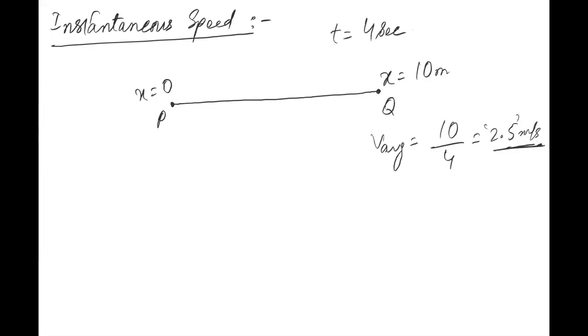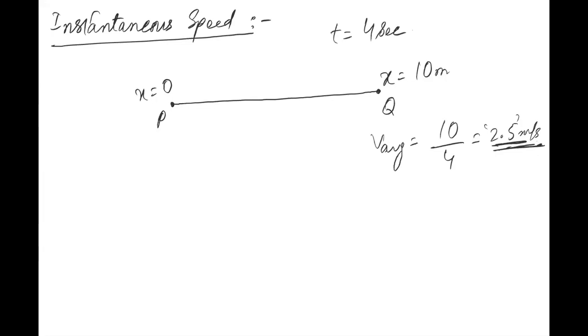Try to understand it again. For the whole journey, I can claim that on an average, if you have covered a total distance of 10 meter in 4 seconds, you covered 2.5 meter in 1 second.